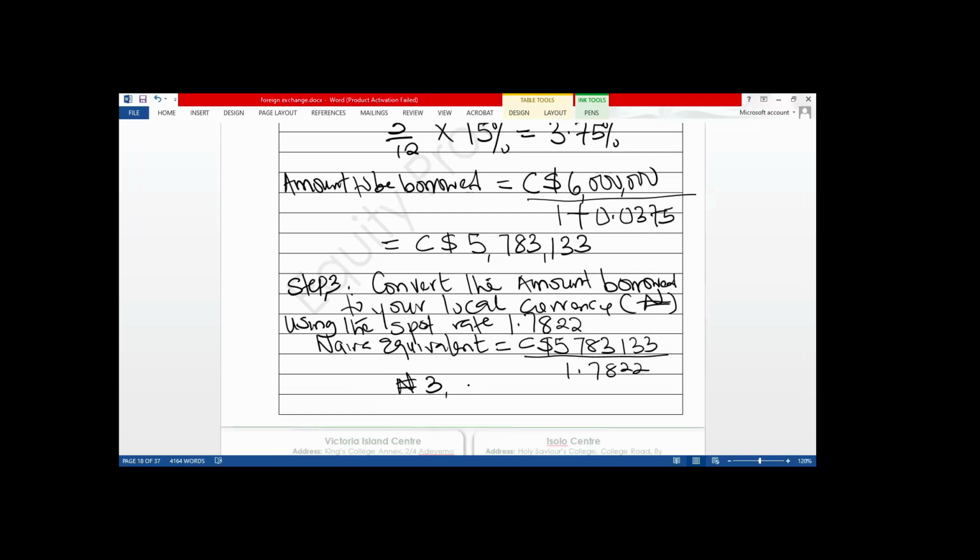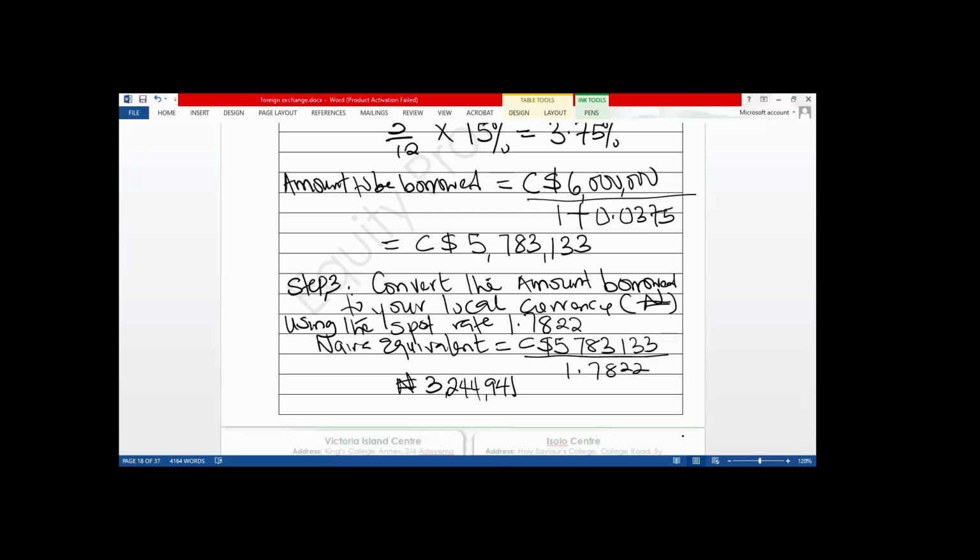I think 3,244,000 something. 244,940. 3,244,941 approximately. That is the Naira equivalent that our company will receive now.